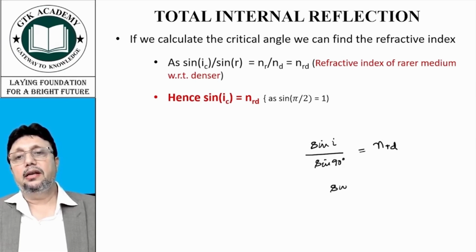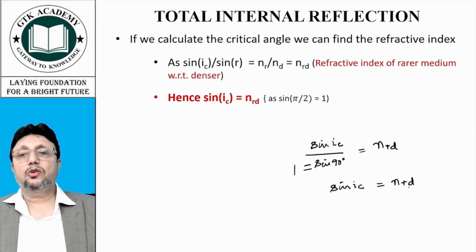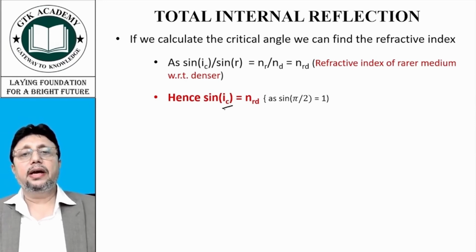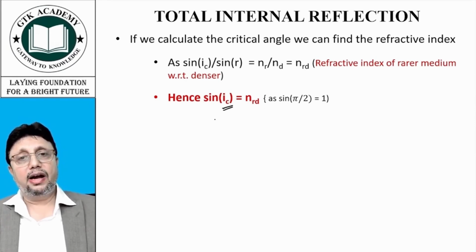That means sine IC, and this is equal to 1, sine 90 is equal to NRD, refractive index of rarer with respect to denser, or you can write 1 upon NDR, refractive index of denser medium. So if we calculate by experiment the value of IC, we can know the refractive index of denser medium.